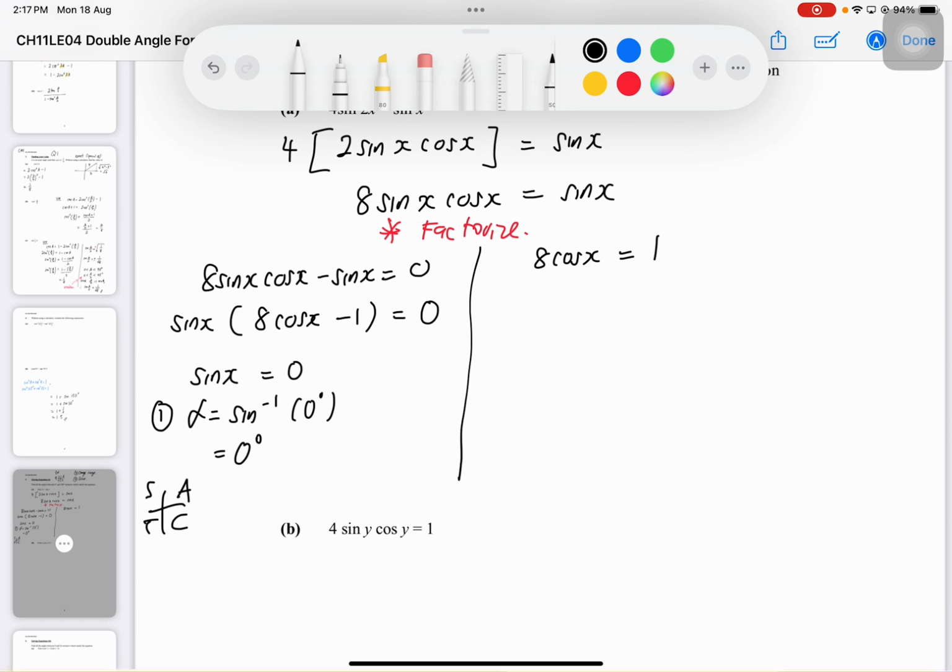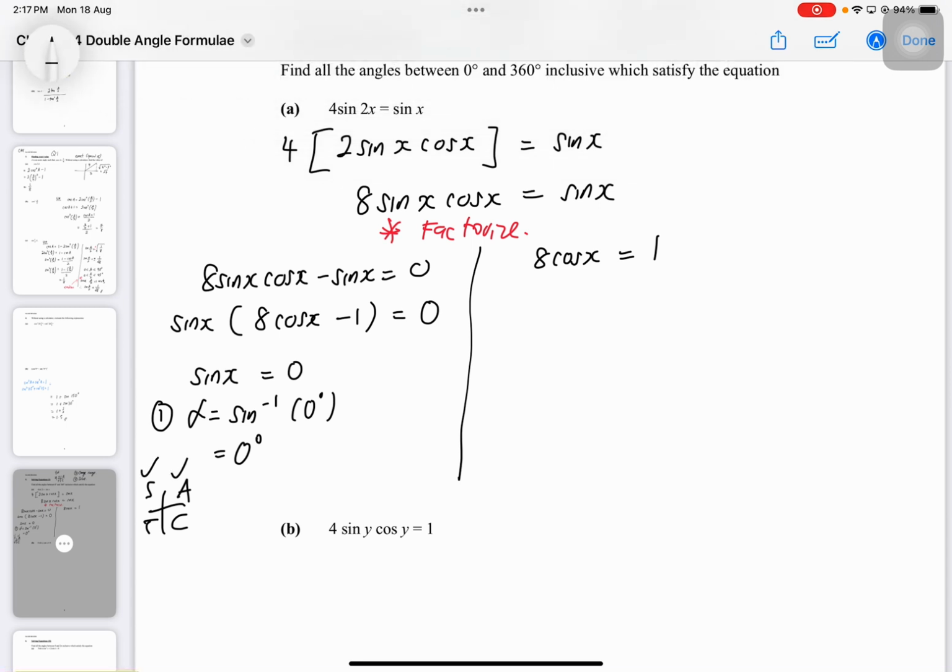So, first and second. So your x will be 0 degrees, 180, 360. Okay, because inclusive of 360. 0 degrees includes first quadrant, 180 second quadrant, and 360 back at 0.